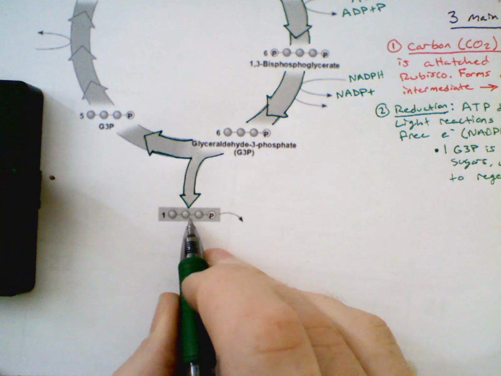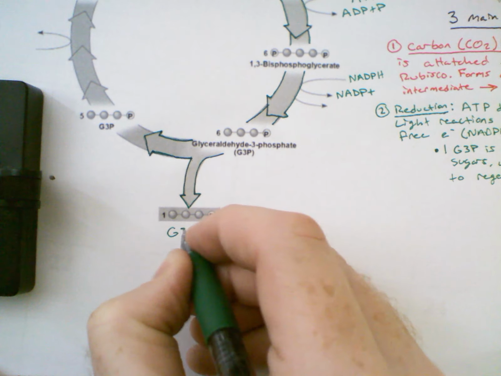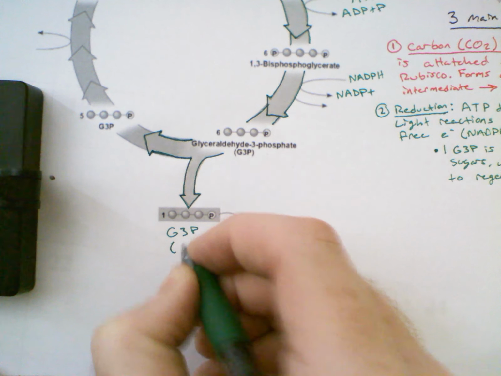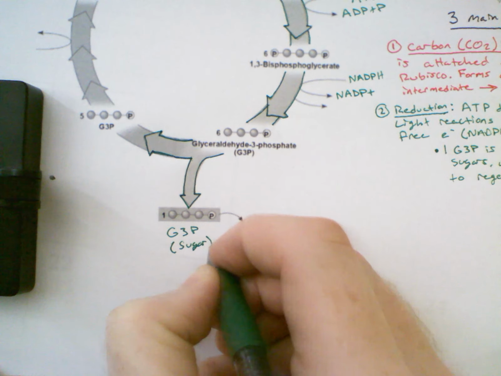Okay, so here is our G3P. It is a sugar. It is a 3-carbon sugar.